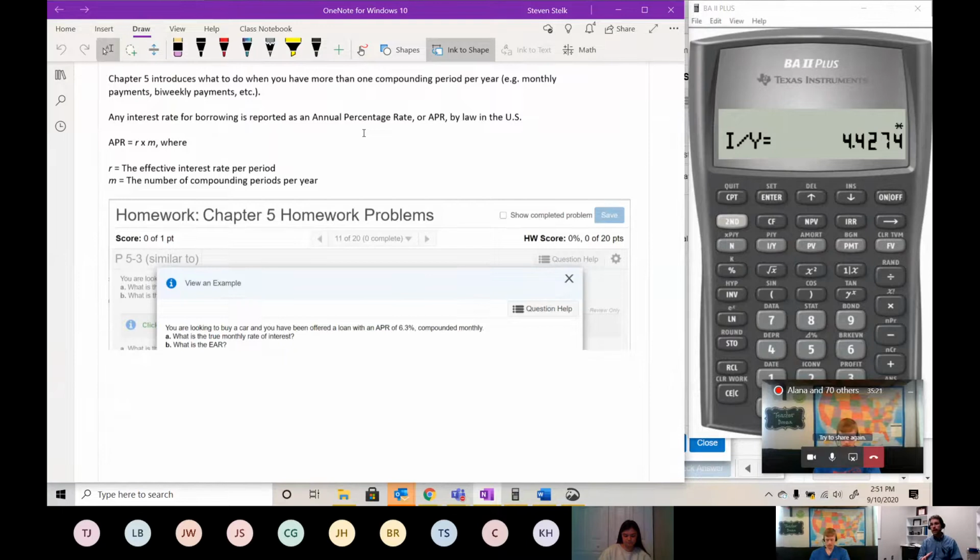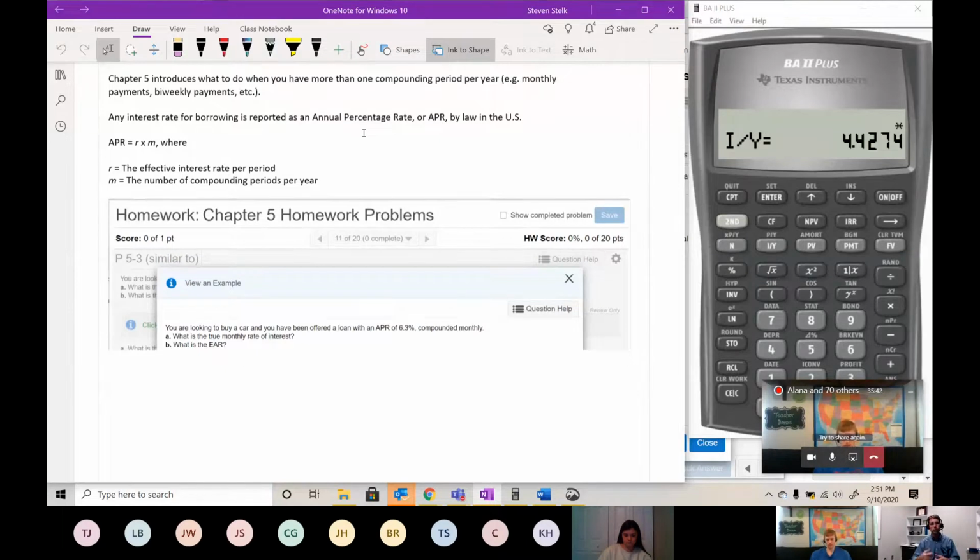All we're really going to look at in chapter 5 is the 3 types of cash flows we dealt with in 3 and 4: lump sums, annuities, and perpetuities. And we're going to add a little extra wrinkle, and that is what happens when you have more than one compounding period per year. Because most of the cash flows we're going to run into in our lives are going to have monthly payments, right?